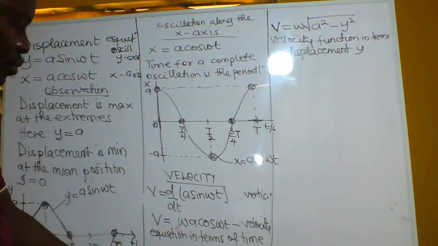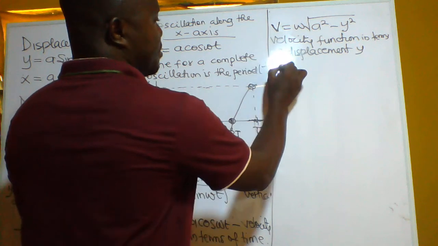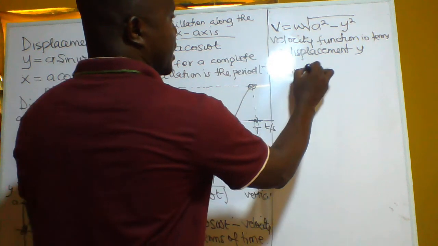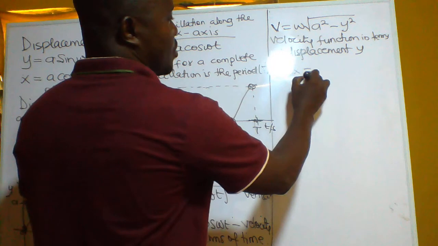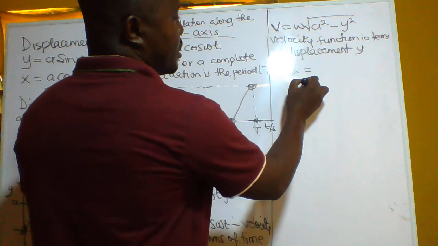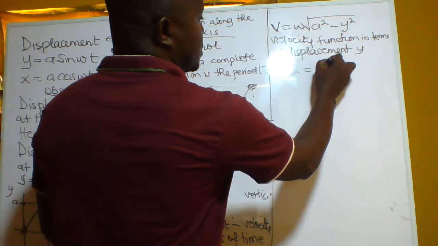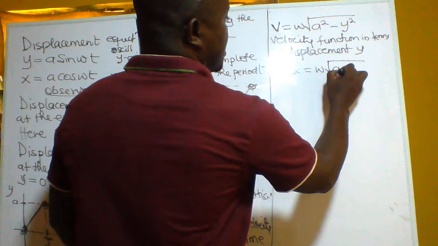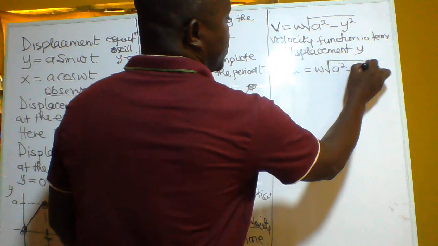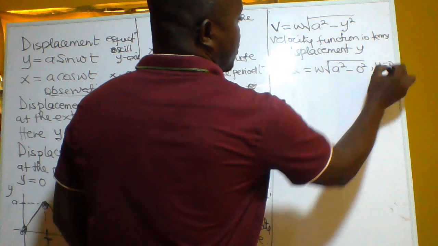Now here we realize that maximum velocity v max occurs when the displacement is equal to 0. So this is omega square root of A squared minus 0 squared, because here we have y being equal to 0.